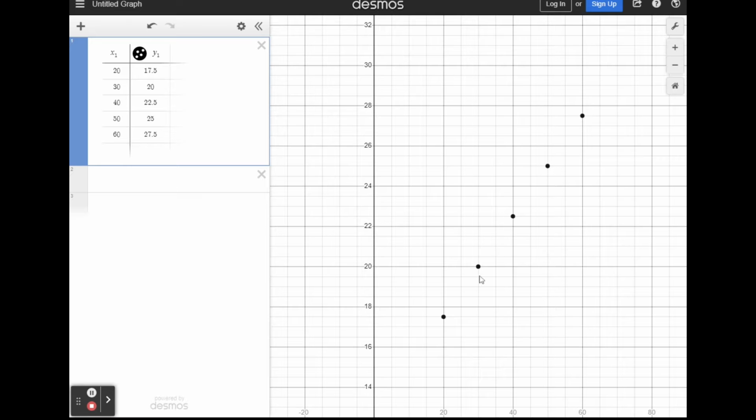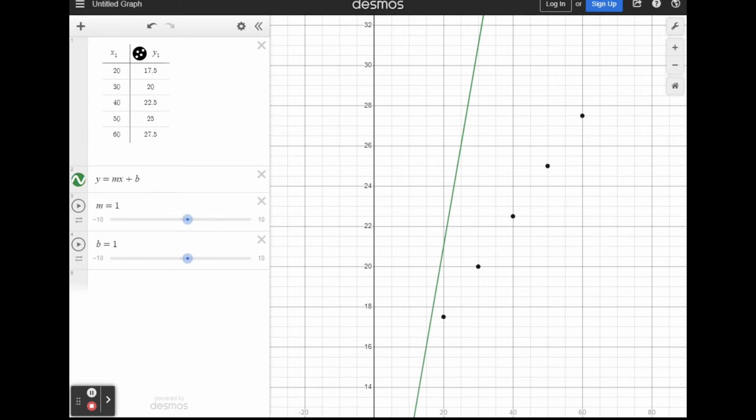It looks like my y-intercept is going to be somewhere around maybe 13. So let's make another line, y equals mx plus b, where I'm going to add a slider for all.